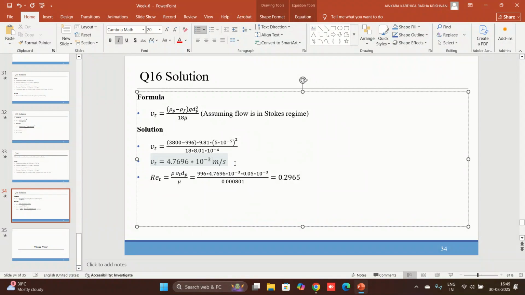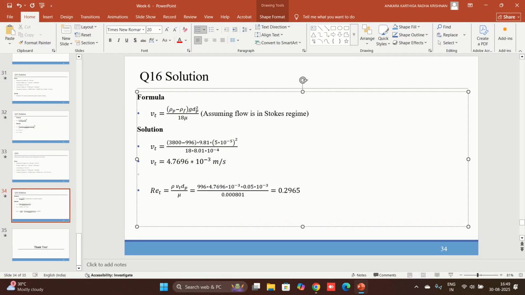Now RET, we are verifying Reynolds number to ensure flow is in Stokes regime. So rho we can put it as rho F also.